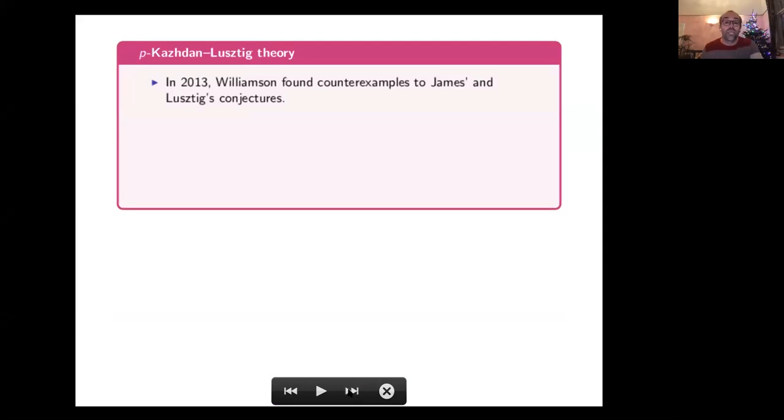So, p-Kazhdan-Lusztig theory. The aforementioned conjectures are not true. Riche-Williamson found counterexamples to these, and he did this in this setting called Zirkel bimodules, which is the fancy version that we're going to try and understand today.